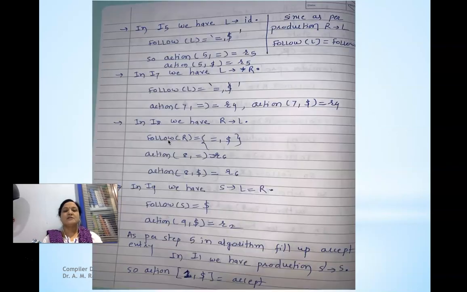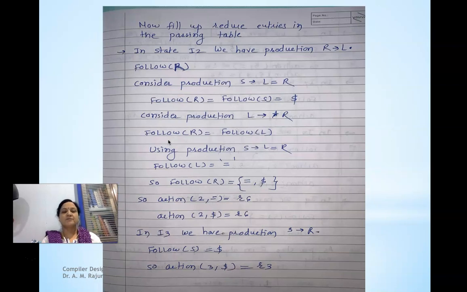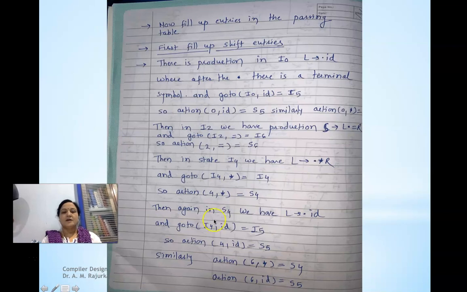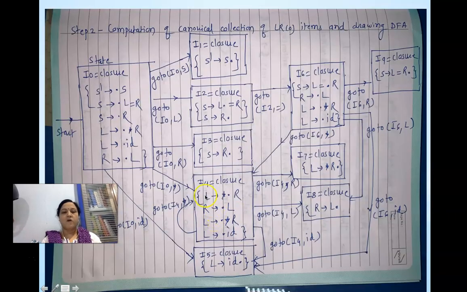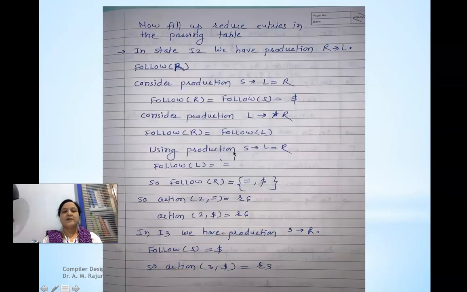Now the next reduce is in I3. See here, in I3 there is a complete item S tends to R dot, that will lead to a reduce entry.